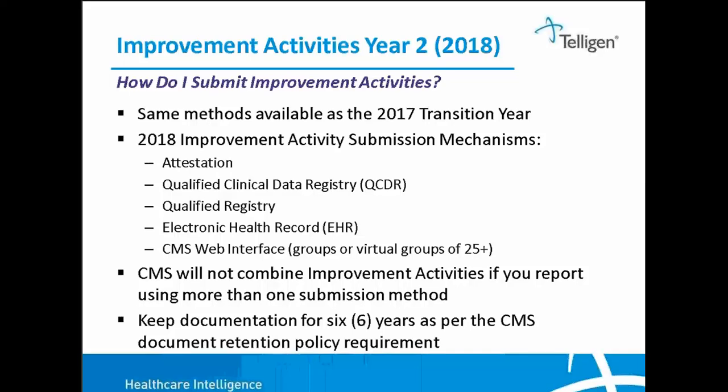So there is a document that is on the CMS QPP Resource Center. It's under the 2017 resources. It's named MIPS Data Validation Criteria. And there on that list, you find a list of the activities with the suggested documentation for each activity.